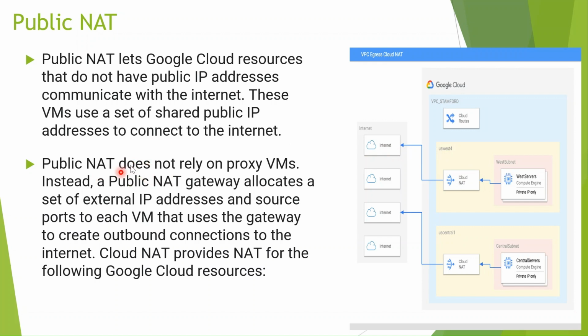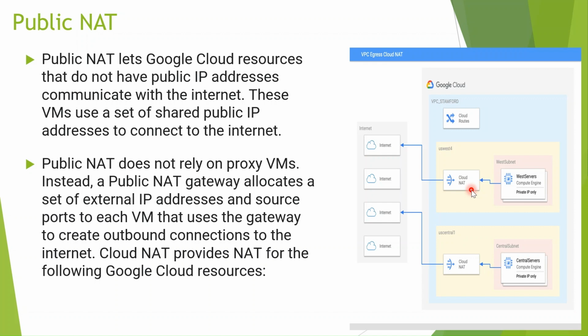Public NAT is not like the proxy VMs we use on-prem. Basically, a public NAT gateway allocates a set of external IP addresses and source ports to each VM, and the VM uses the gateway to create outbound connections to the internet. Whenever you create a Cloud NAT, there's an option for how many ports you want to assign to every VM.